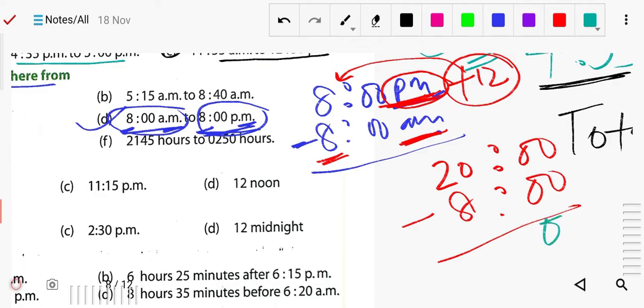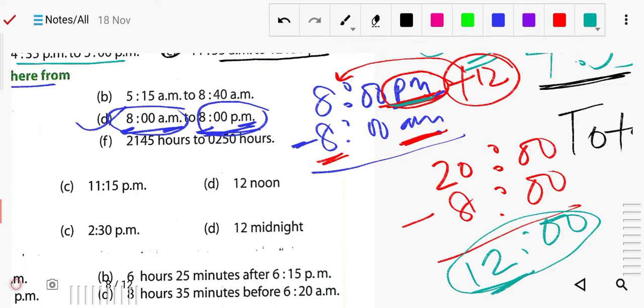So here it will be 00, and here will be 12. So how many hours it has actually taken: 12 hours. So by this method also you can solve. What you have to take care of is that you only change the p.m. part. As I told when we started solving this exercise, we will use this concept also.